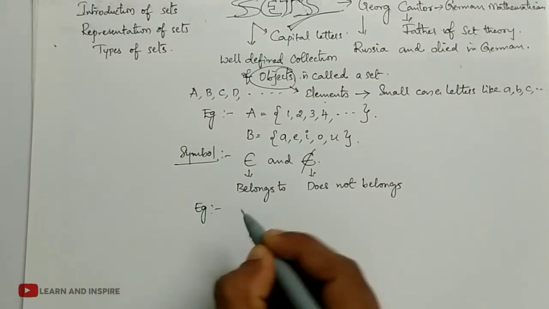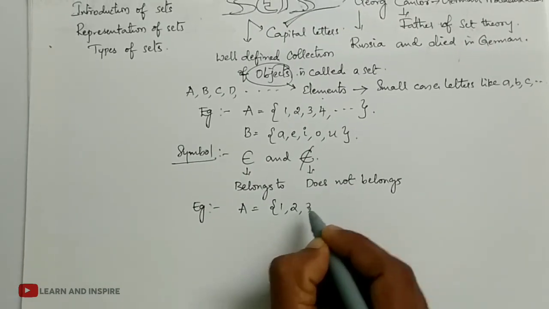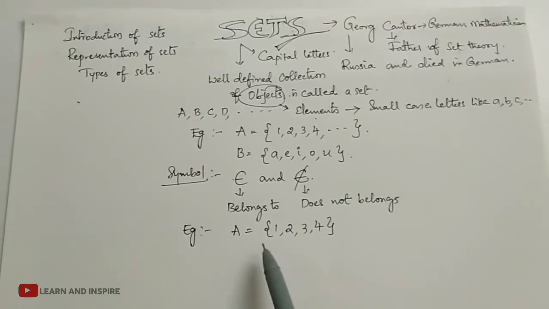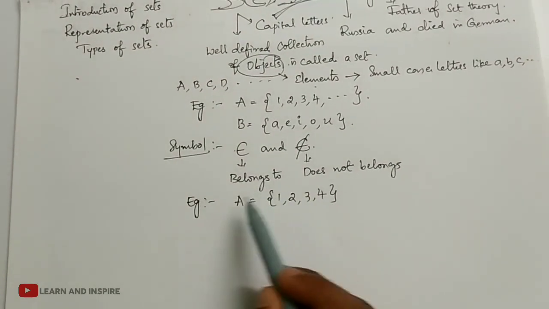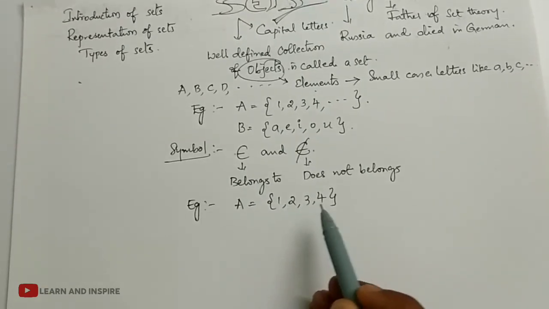Take A equals 1, 2, 3, 4. In this set A we have 4 elements: 1, 2, 3, 4.